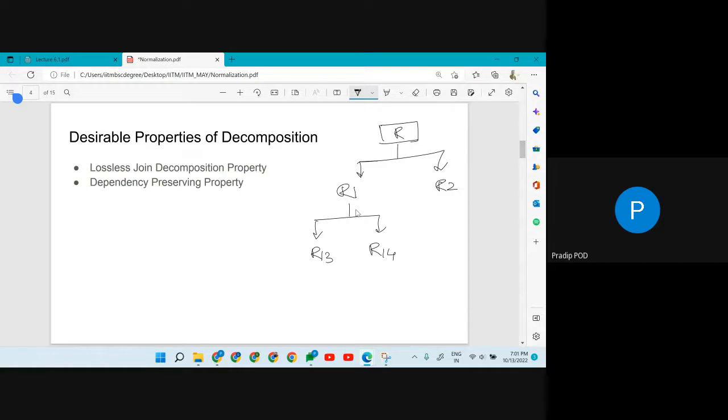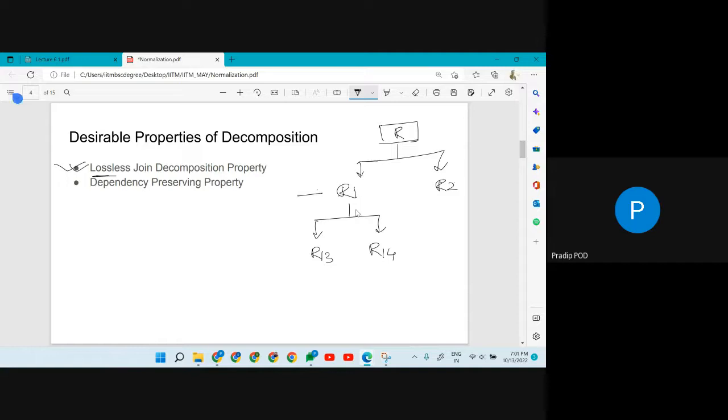So what happens when we decompose the information into R1 and R2? We need to take care of this one. The decomposition needs to be a lossless join decomposition.